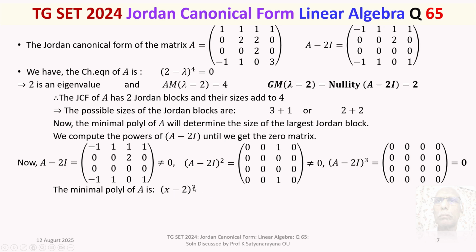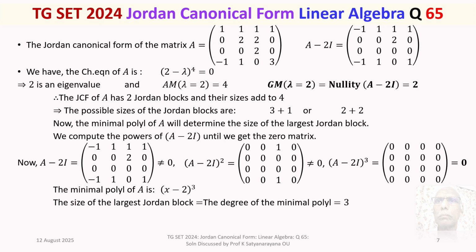The minimal polynomial of A will determine the size of the largest Jordan block. The size of the largest Jordan block is equal to the degree of the minimal polynomial, that is 3. So now there are 2 Jordan blocks, and for the largest Jordan block the size is 3.